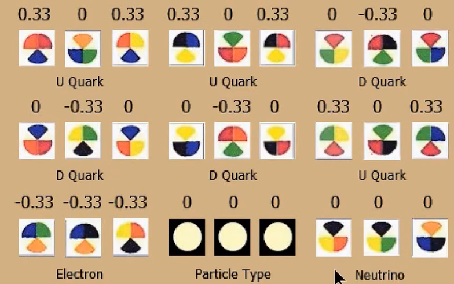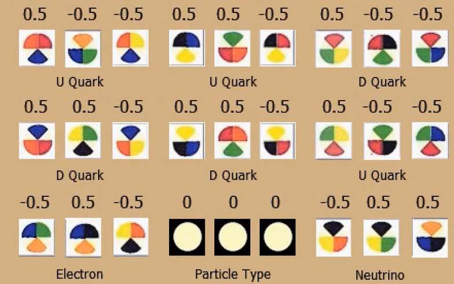And over here, we have 3 V's, each having a charge of 0, giving the generic neutrino an electric charge of 0. And so we can see that for each of these Rishons, we have other quanta, the spin quanta. Each of the Rishons is given a quanta of plus or minus 1/2.